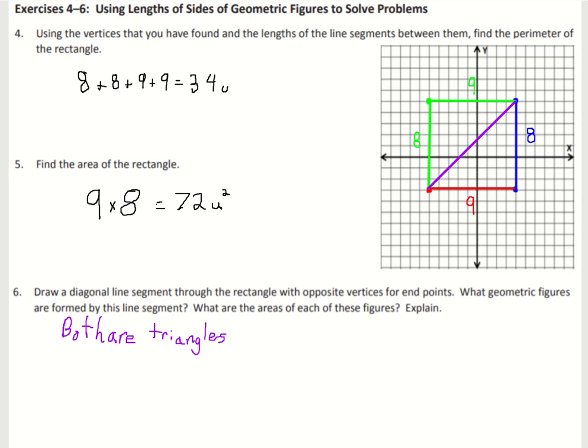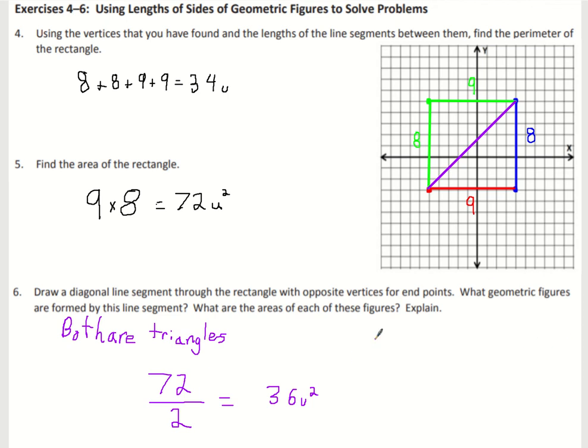It's just taking the area of my rectangle and cutting it into two equal-sized pieces. So I can take my 72 and divide it by 2. I can split it in half. So by doing that, I'm going to get 36 units squared.